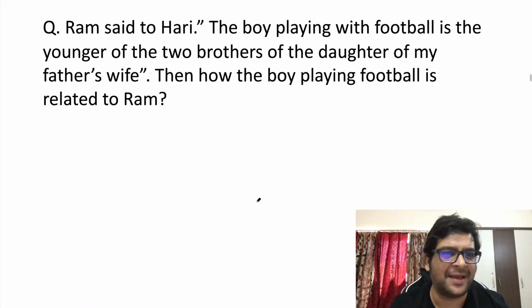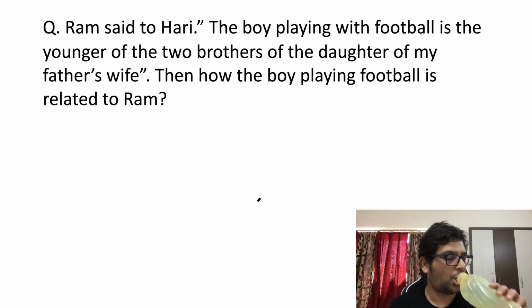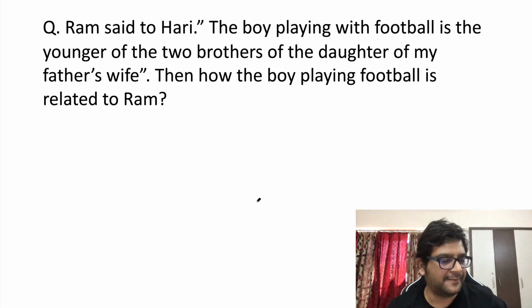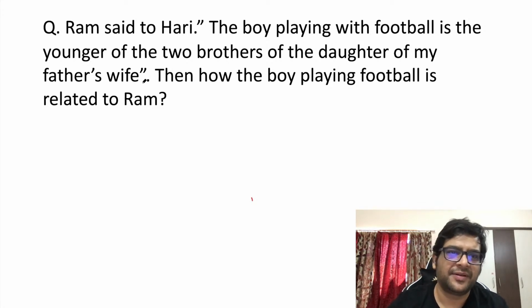Making it a little more complex, try this one out. Ram said to Hari, the boy playing with the football is the younger of the two brothers of the daughter of my father's wife.